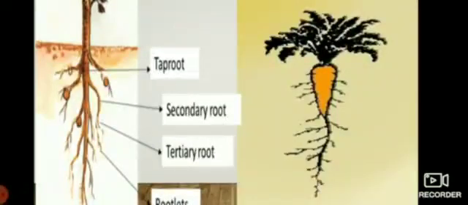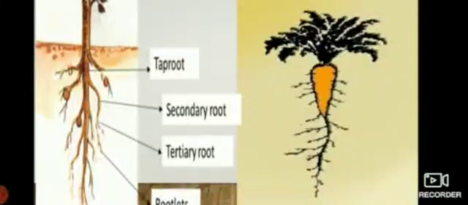The underground part of the main axis of a plant is known as root. I already told you that we are having two types of root systems in plants. They are taproot system and fibrous root system. Now in this picture you are seeing taproot system. This taproot system consists of a single root called taproot, which grows straight down into the ground, and the smaller roots called lateral roots arise from the taproot.